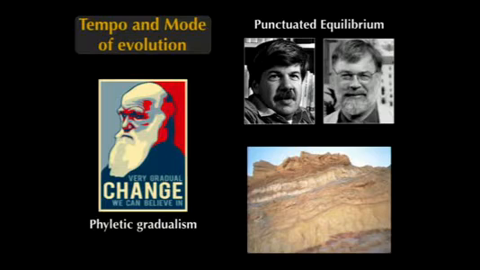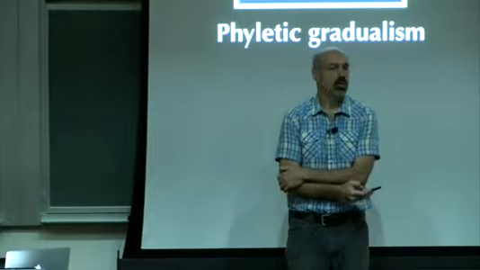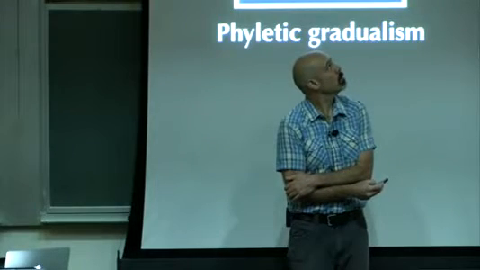And then over longer periods of time, you would have periods of stasis, S-T-A-S-I-S, stasis, where relatively little change occurred. So long periods of equilibrium punctuated by rapid periods of change.